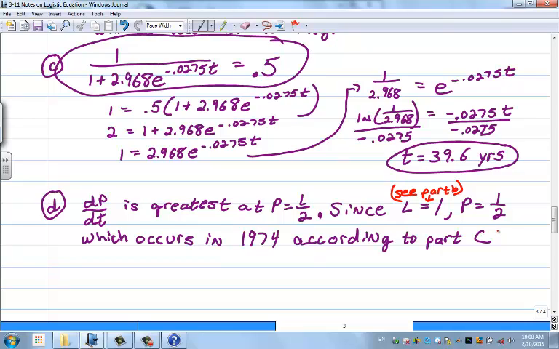Okay, so the rate at which the land is being used is greatest at P equals 1/2, which occurs after 39.6 years, according to part C, because in part C we actually set P equal to 1/2, right? We have figured that out already, so it would occur in 1974.